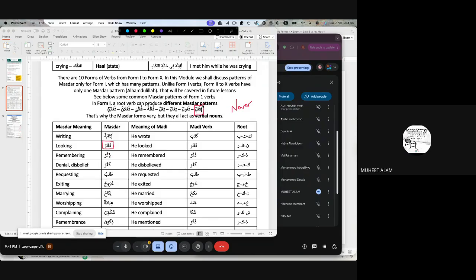Fa'alun. There are about 15 patterns of form one masdar. We have only brought a few here, and you never need to memorize them. Don't worry. They will come with different variations of pattern like this.